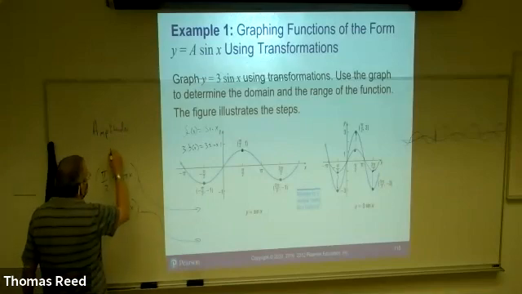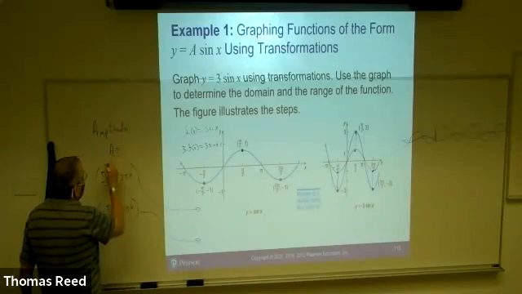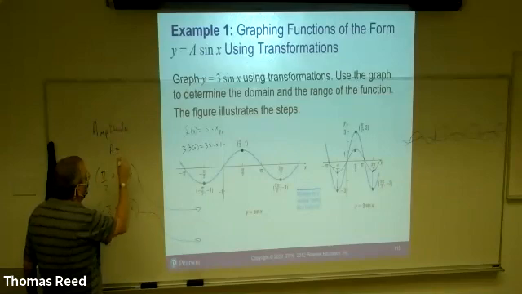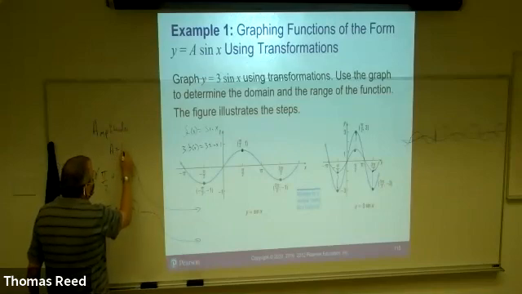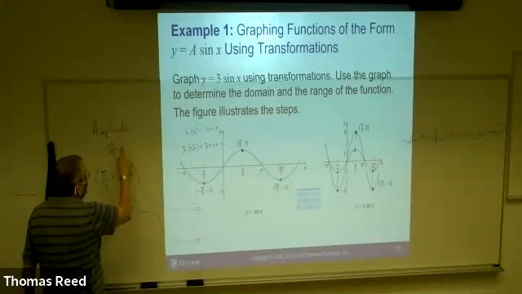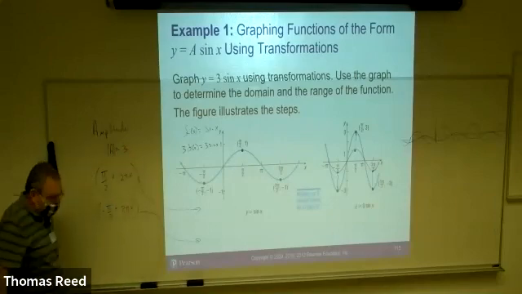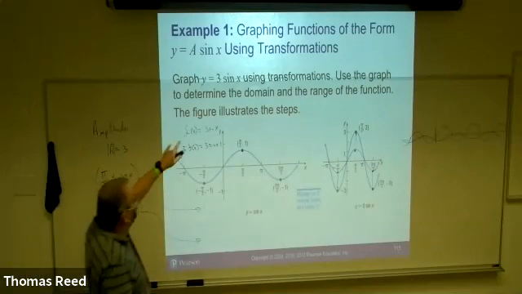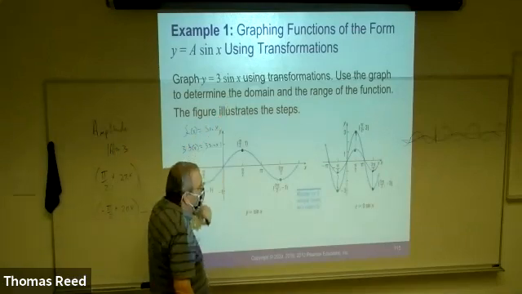So the amplitude is the absolute value of A. The absolute value here is 3. They say the absolute value of A is 3, so that's the amplitude. And A is what sine is being multiplied by.